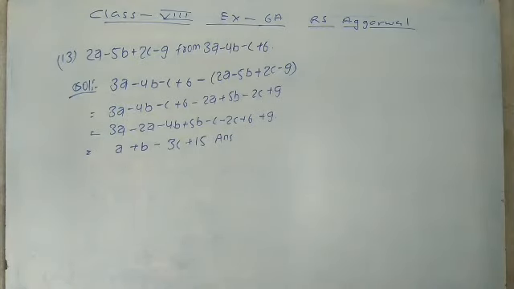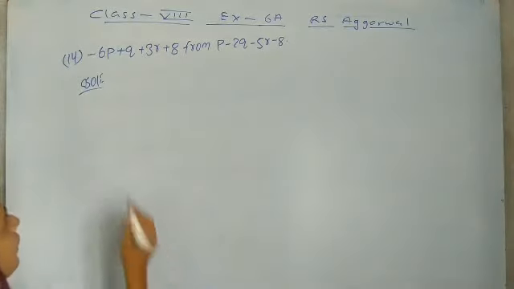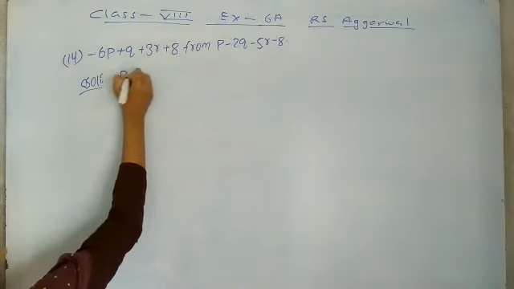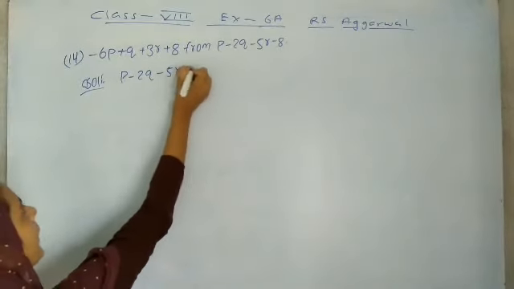Now let's move to question number 14, that is subtract minus 6p plus q plus 3r plus 8 from p minus 2q minus 5r minus 8. So we know that first we will write out the term of p. P minus 2q minus 5r minus 8.